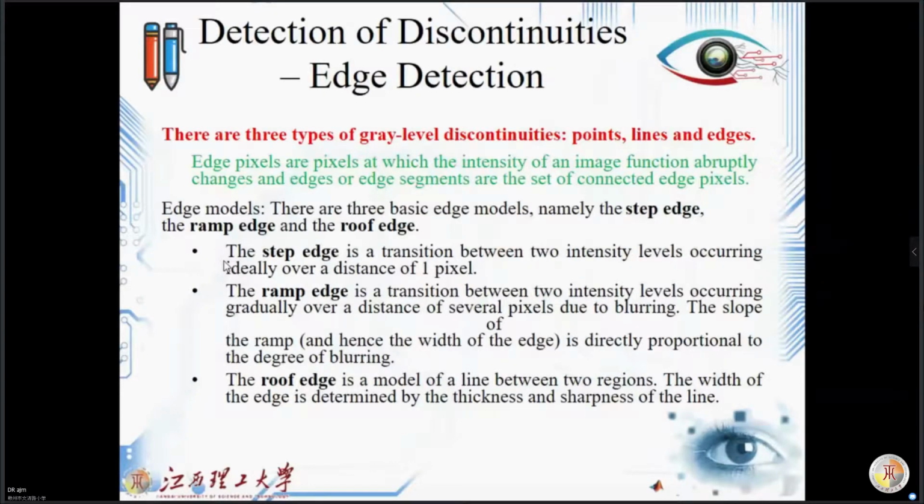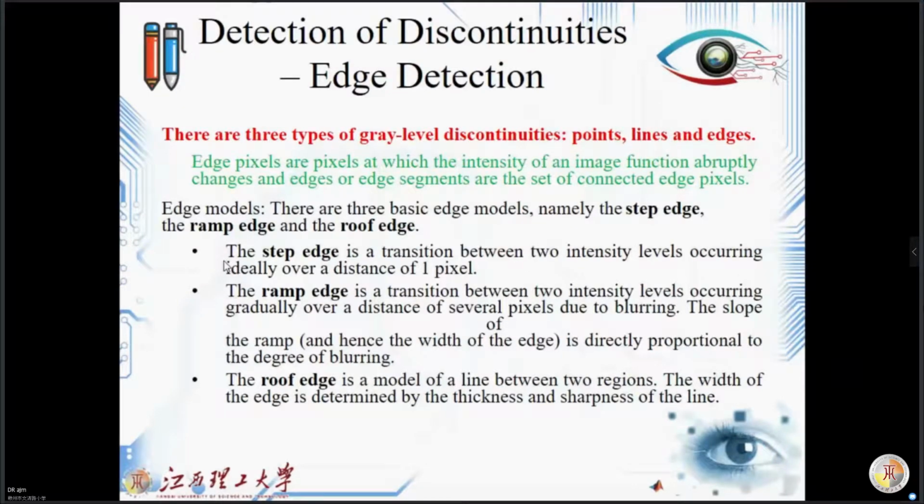The ramp edge is the transition between two intensity levels occurring generally over the distance of several pixels. Due to blurring, the slope of the ramp, and hence the width of the edge, is directly proportional to the degree of blurring. This blurring you will also see at the corner side of your image.